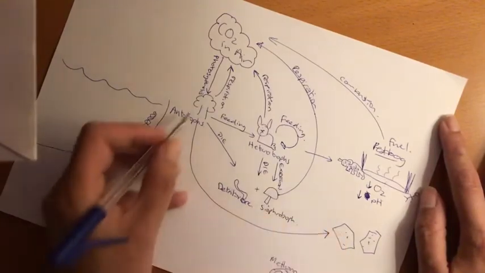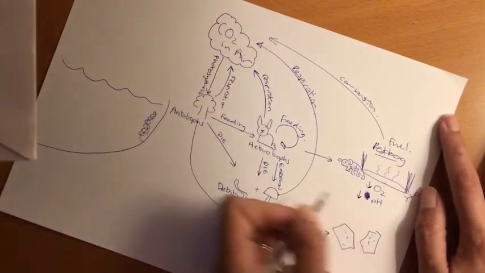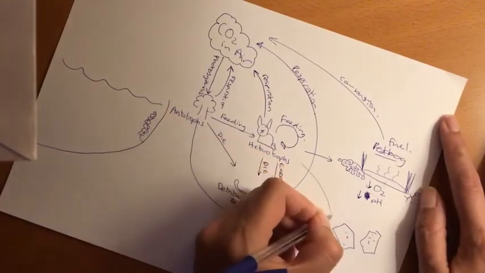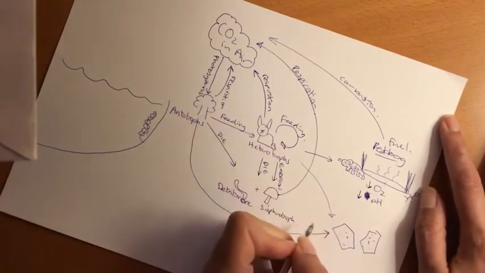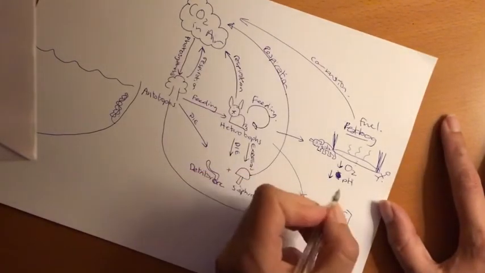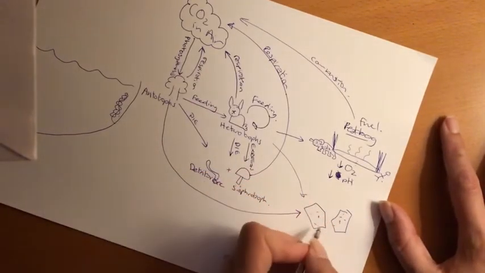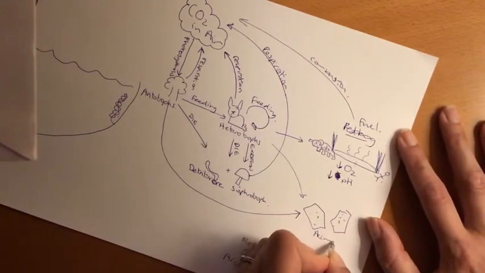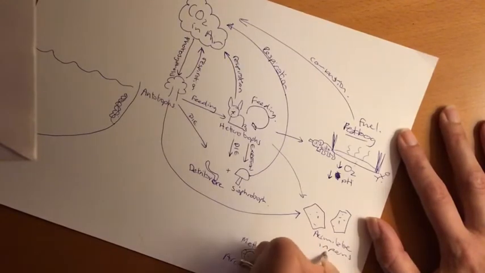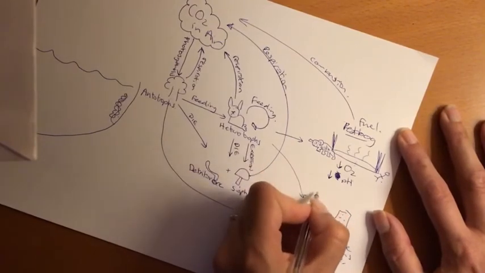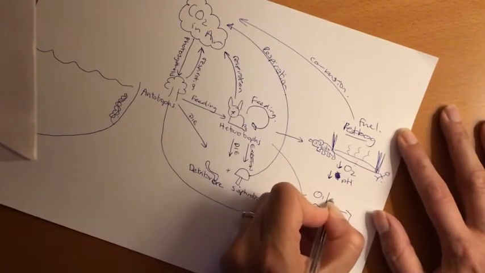Okay, now another thing that can happen is you can get some partially fossilised organisms, partially decomposed, and they can collect inside of accumulating porous rocks. Okay, and this is the formation of oil and coal.